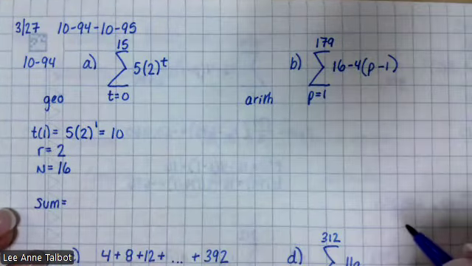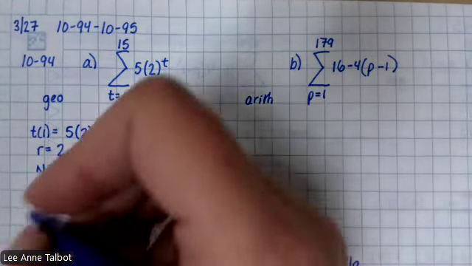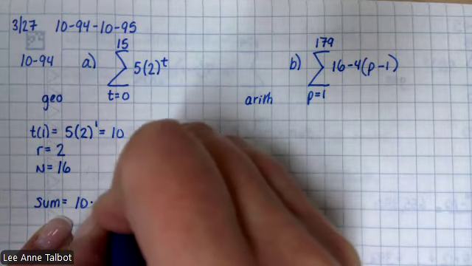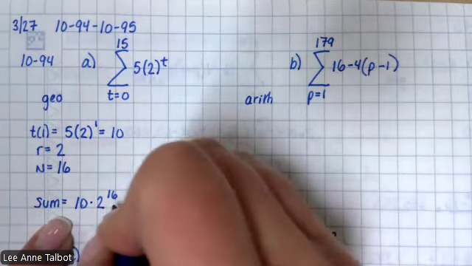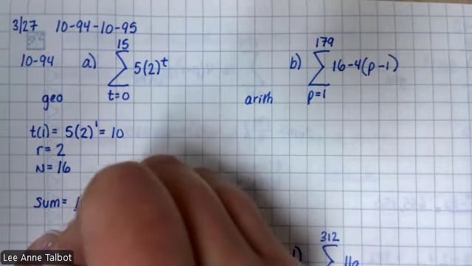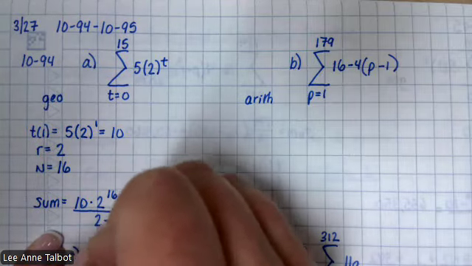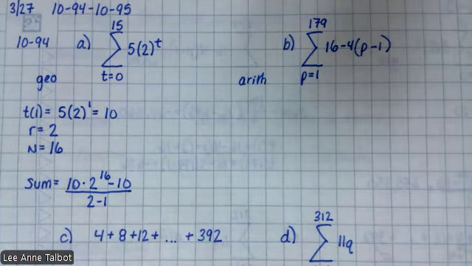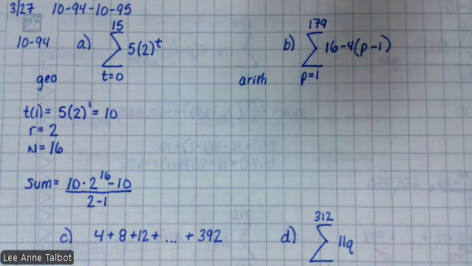Okay. Formula goes. Sum equals first term times r to the n minus first term over r minus 1. That's the formula that we derived yesterday.